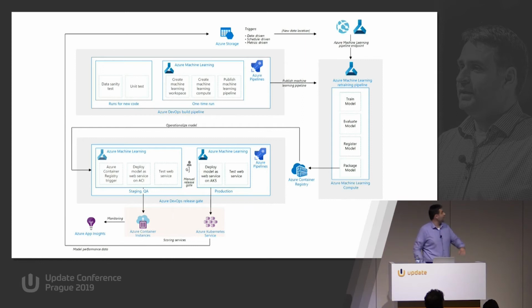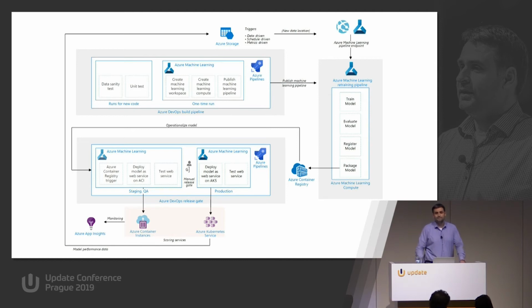And then once you have that, you can start your release pipeline, and that release pipeline will be able to deploy the results of the build pipeline either in a dev test scenario, which on Azure could be Azure Container Instances, ACI, or deploy it in a production grade environment, which in Azure can be AKS, Azure Kubernetes Service.